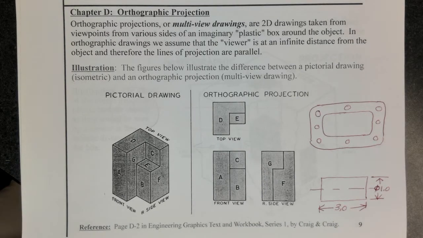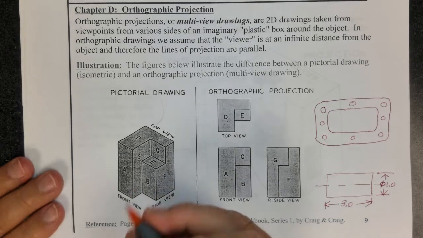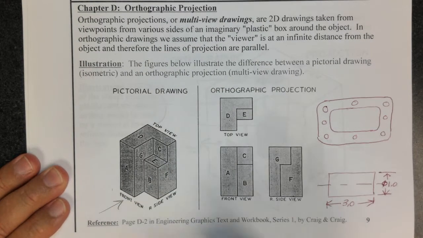So orthographic projections are multi-view drawings. They're 2D drawings taken from viewpoints from various sides of an imaginary plastic box around an object. Okay? So here we have a block. And you can see the various surfaces have been labeled. Right? And if this is the front, let's say this block represents your house.